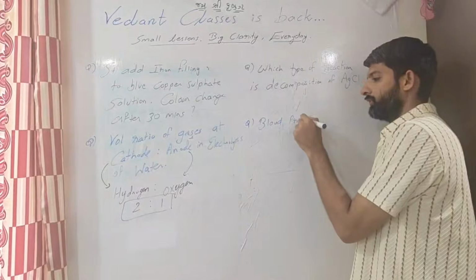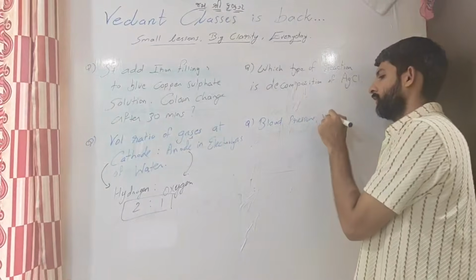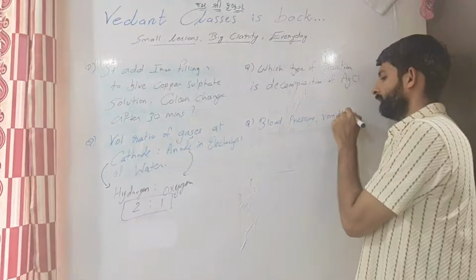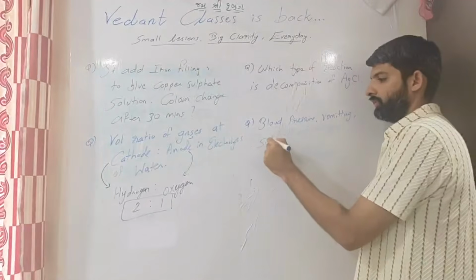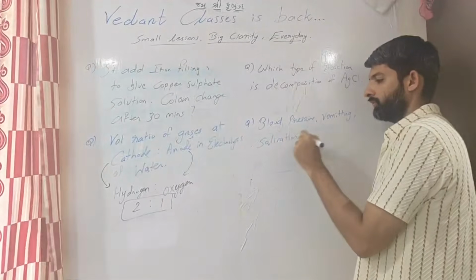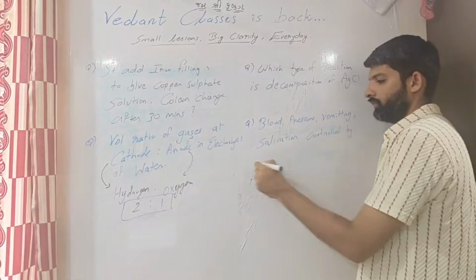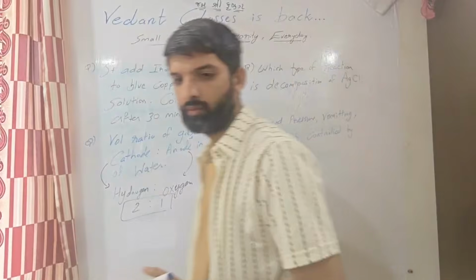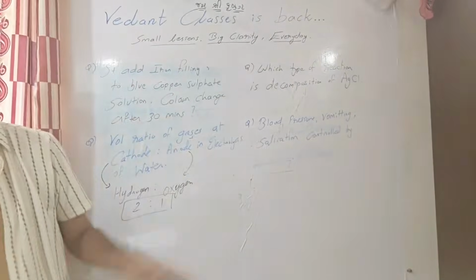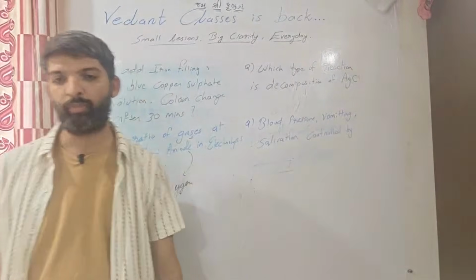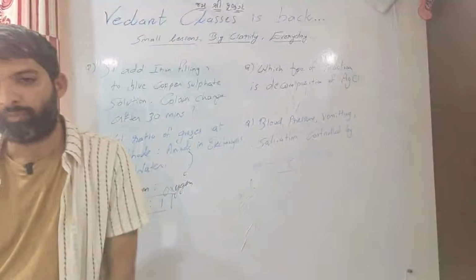Blood pressure, vomiting, salivation, they are controlled by which part of brain?